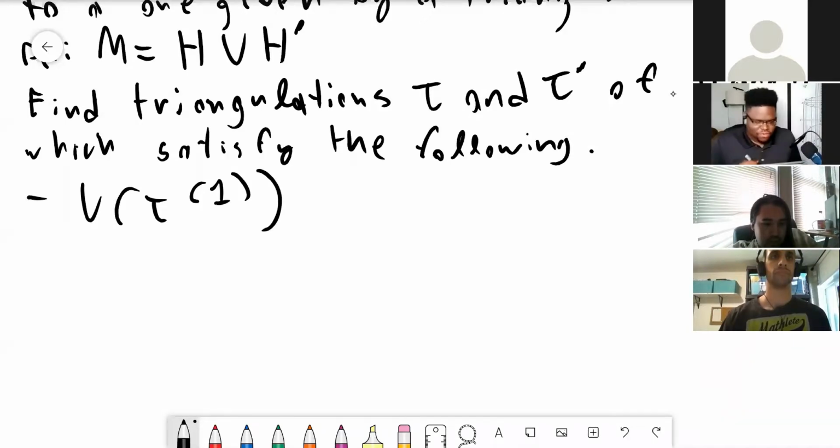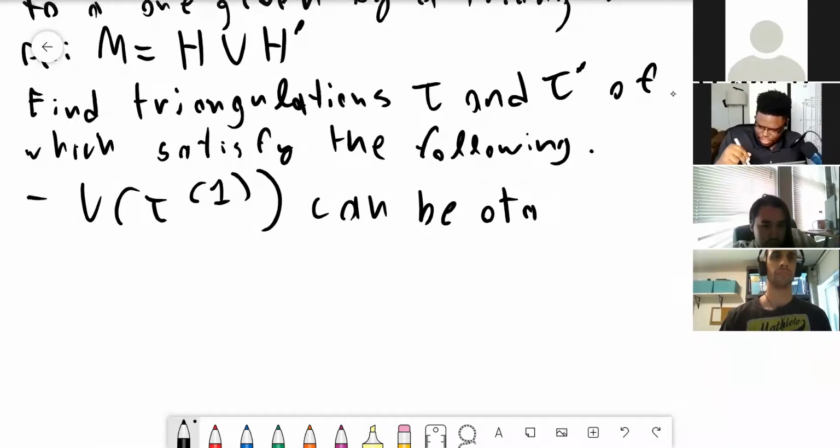The thickening of the one skeleton of tau, we want to say this can be attained from a graph, from a graph gamma.